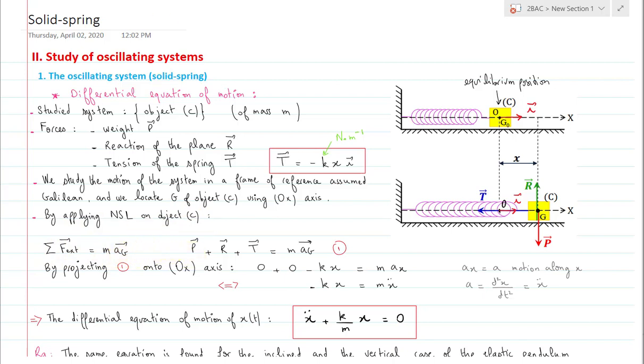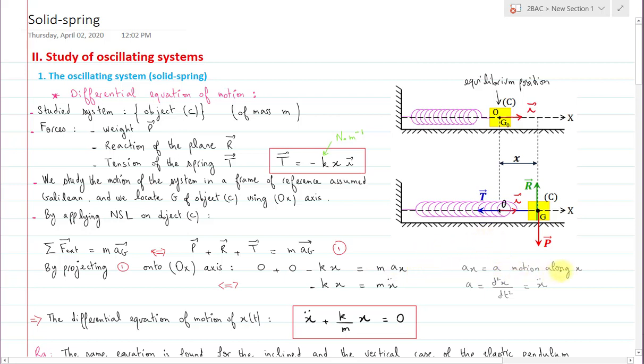This means that P plus R plus T is equal to m a_G. By projecting this equation onto the OX axis, P is 0, the projection of R is 0 on OX, and T, we replace T with minus kx, is equal to m a_x.